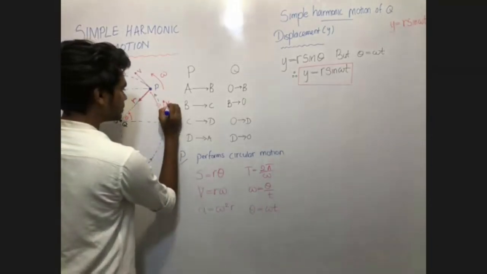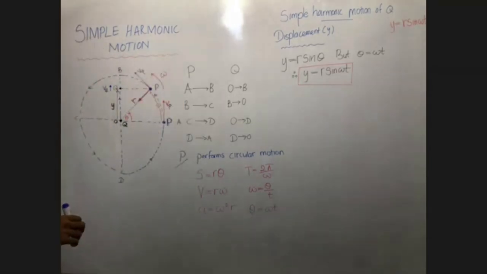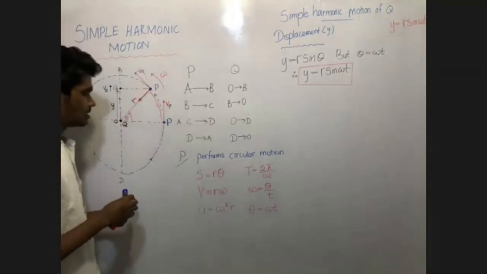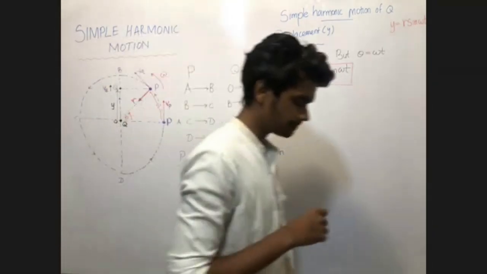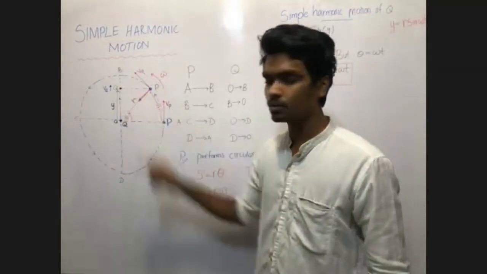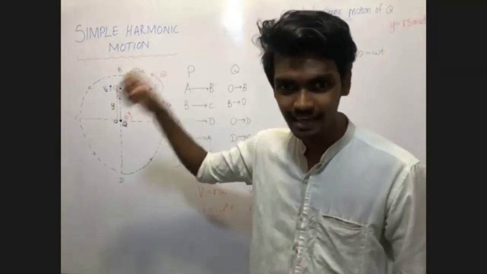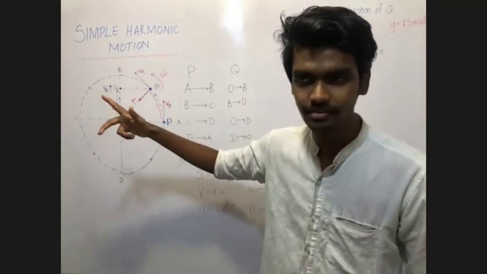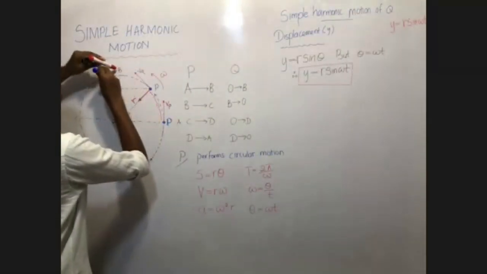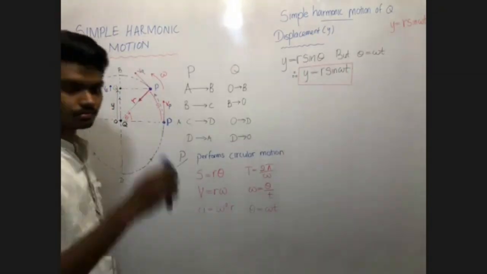I'll assume this has the tangential velocity of vp, velocity of p. You can directly relate the velocity of p and q, because both these guys are moving at the same time together.